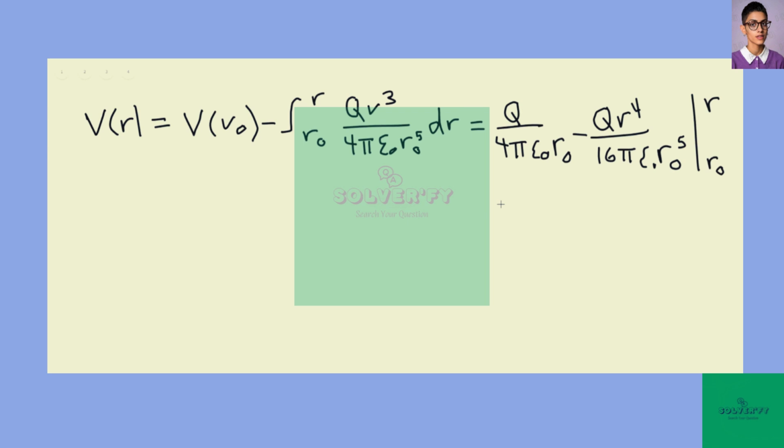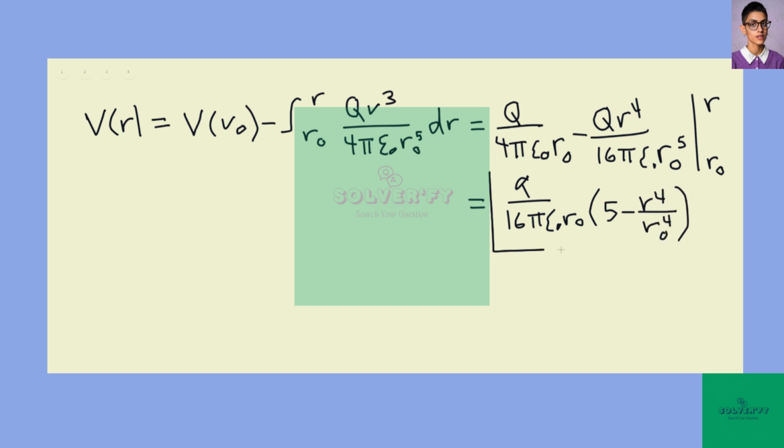All right. And doing the last little bit of simplification, we have q over 16 pi epsilon naught r naught times, in parentheses, 5 minus r to the 4th over r naught to the 4th.